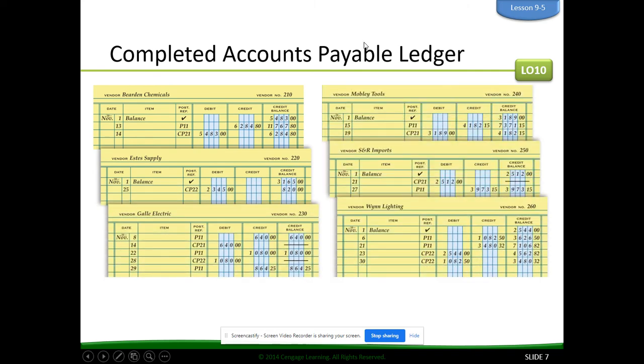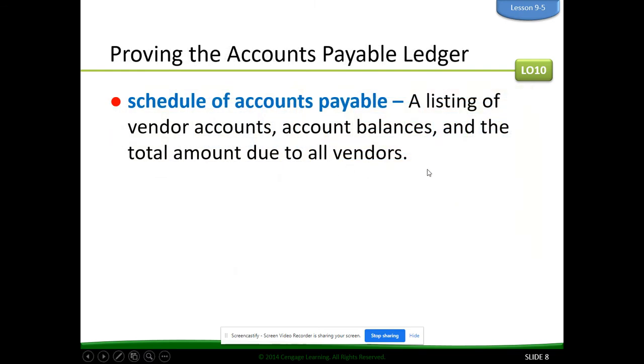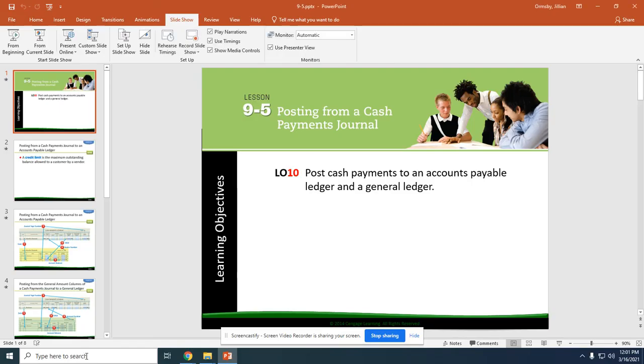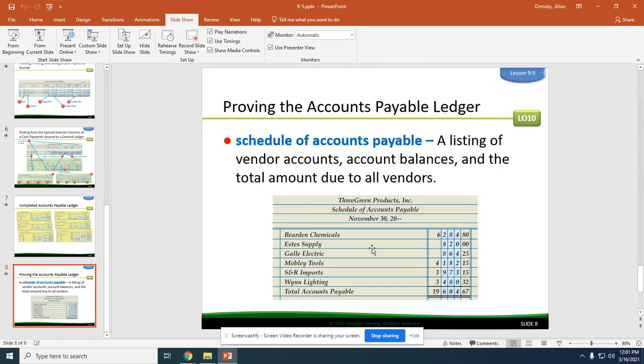Once you've finished, you have a completed accounts payable ledger with all of your different vendors and what you owe to your vendors, and you would then create a schedule of accounts payable. I like to think of this as like a table of contents for what you owe to all of your vendors. So you would put the name of the company, schedule of accounts payable, and the date.